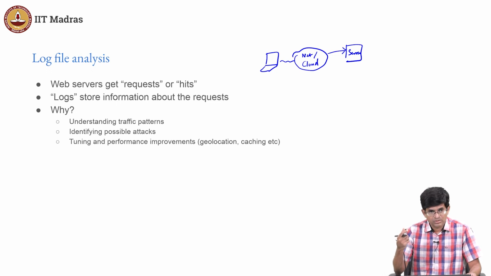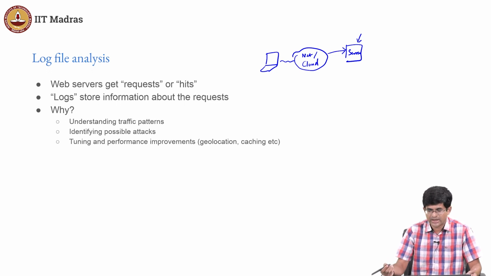Now, one of the things that, as a person who manages servers, right, what you would probably like to do is keep track of how many people are coming to your website. Okay. So you want to know how many people are coming, how often are they coming, which pages are they trying to access, right, what are they downloading.